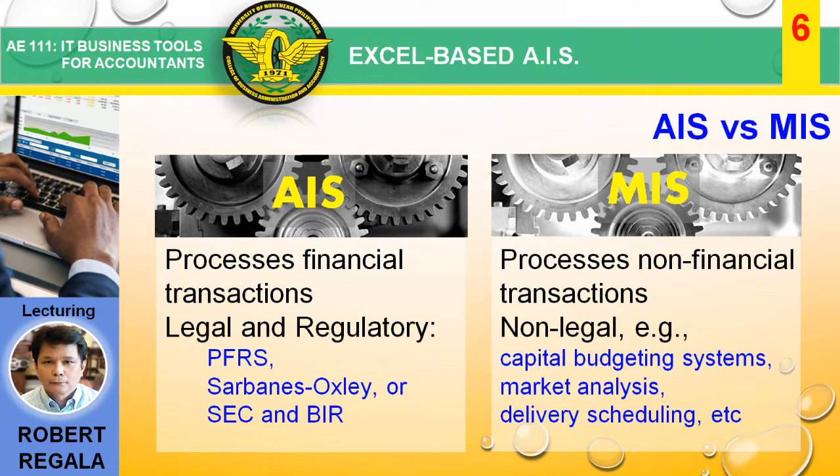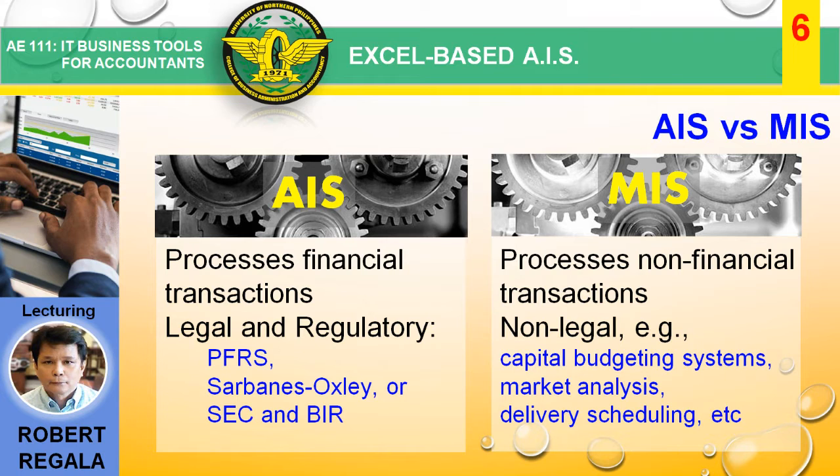The MIS processes non-financial transactions that are not normally processed by traditional AIS. These transactions include, but are not limited to, capital budgeting systems, market analysis, deliveries, scheduling, job skill tracking, and etc.